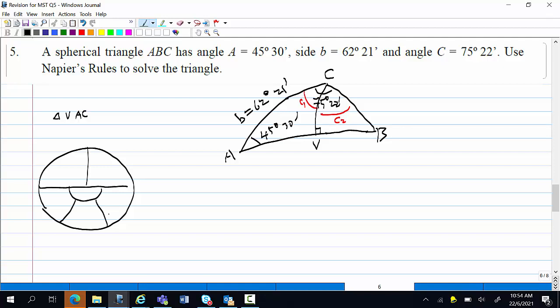Okay, let's traverse the triangle. So I have this vertex V here. The first side encountered is VA, then angle A, which is 45 degrees 30 minutes, then the side B, which is CA now, which is 62 degrees 21 minutes, and then angle C1, then the side CV.